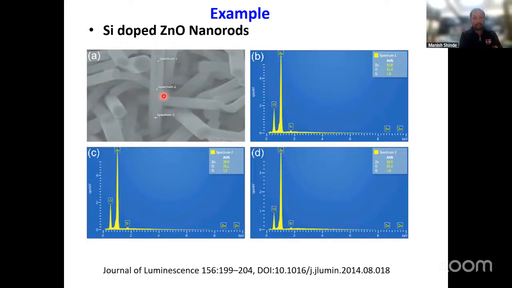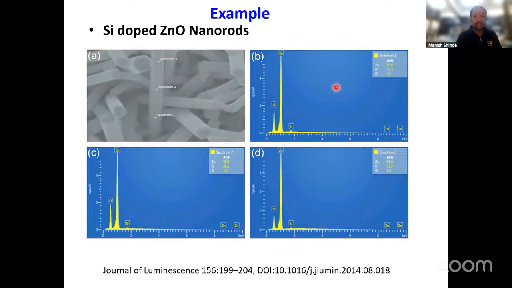This is one example of SEM analysis. This is again an SE mode, secondary electron mode, image of the sample. Now EDS was done at three regions of the sample. Spectrum 1 was taken here, spectrum 2 was taken at this point of the rod, and spectrum 3 was taken at the third point of the rod.